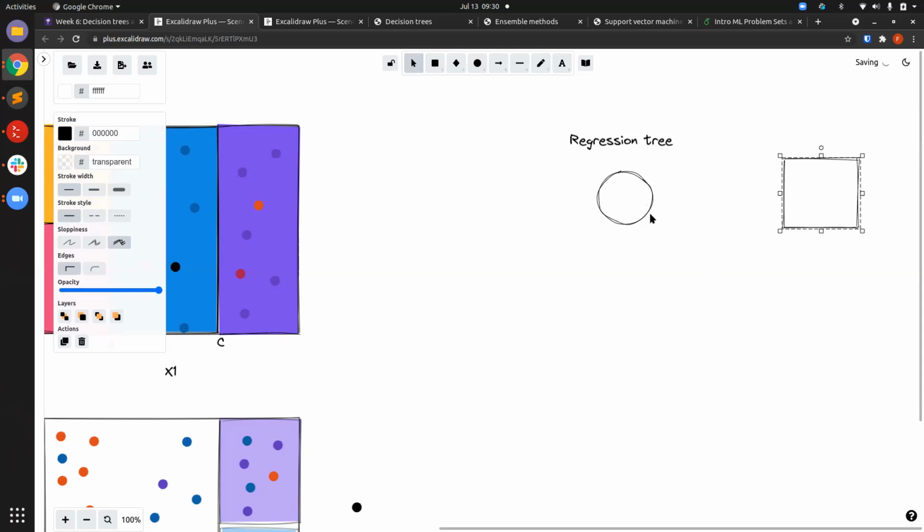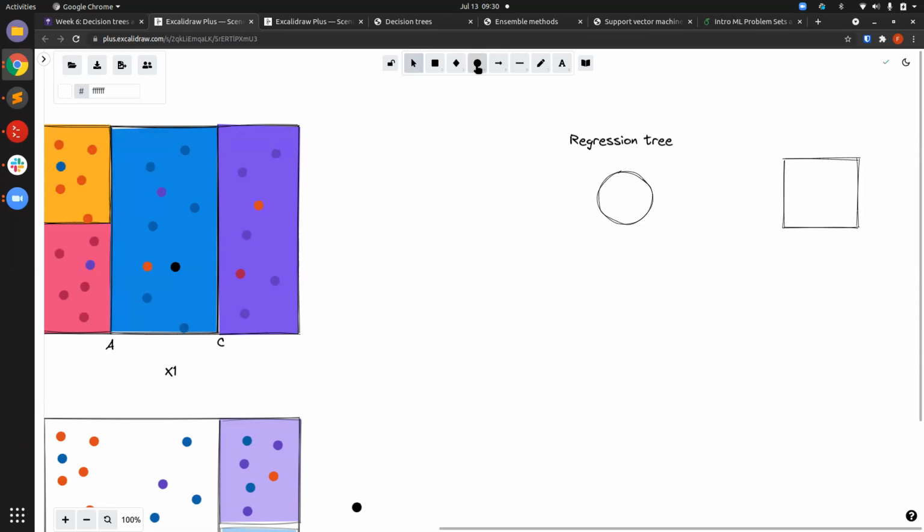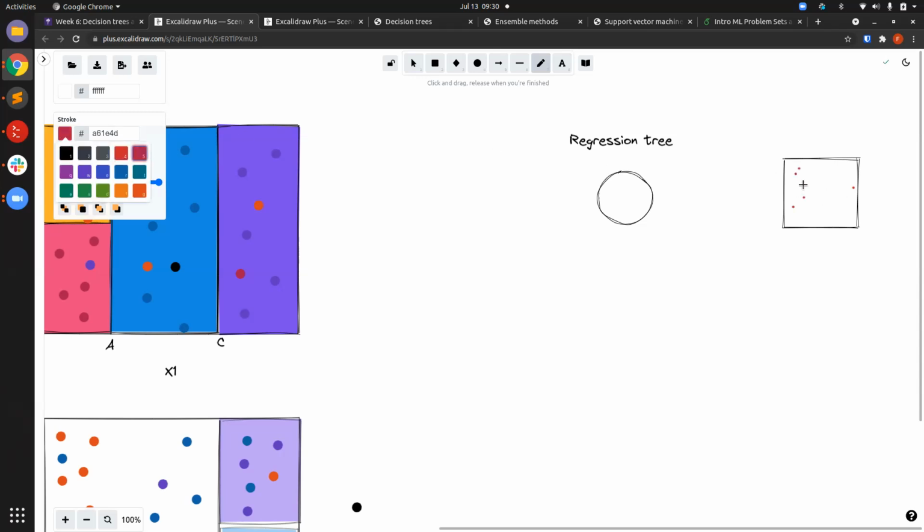So I'm going to draw that representation next to it. And I might have many samples in the feature space. This is a regression problem where I have some gradually varying quantity.